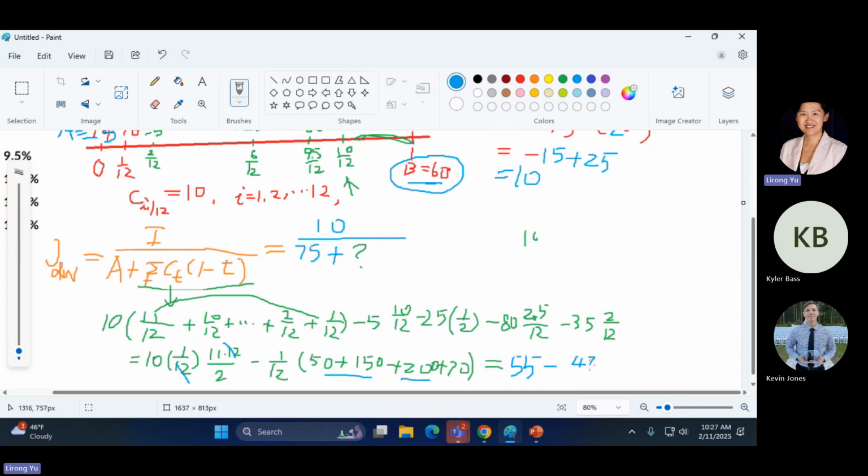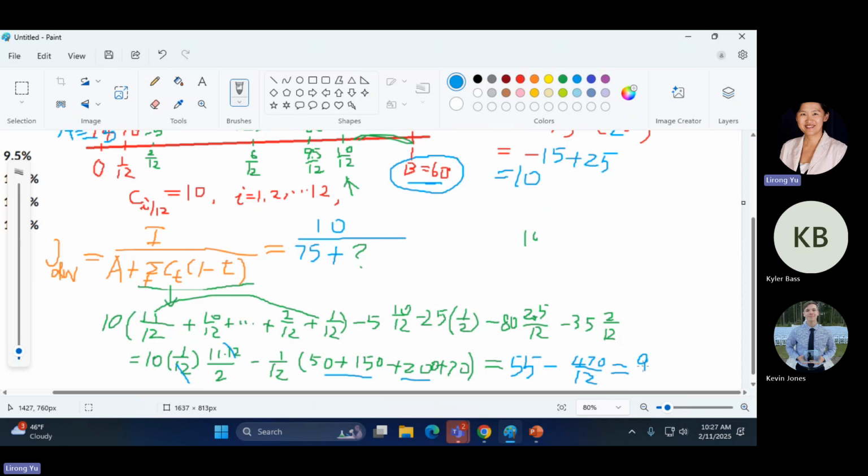So it's 470 divided by 12. Right? So what is it? Now I feel like I need a calculator. Give me 95%. 95 over 6.